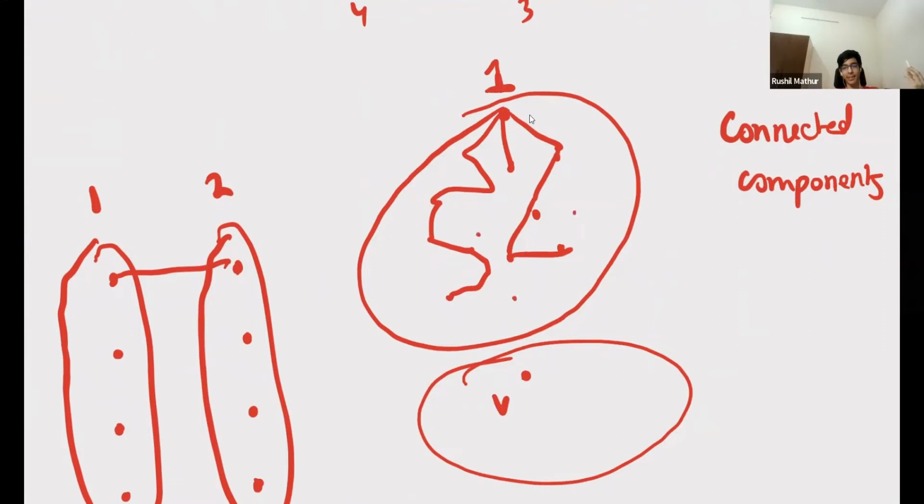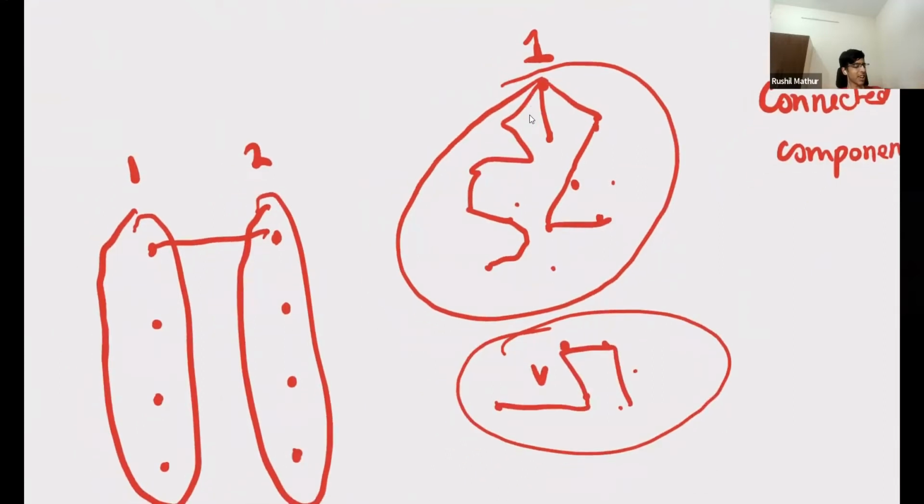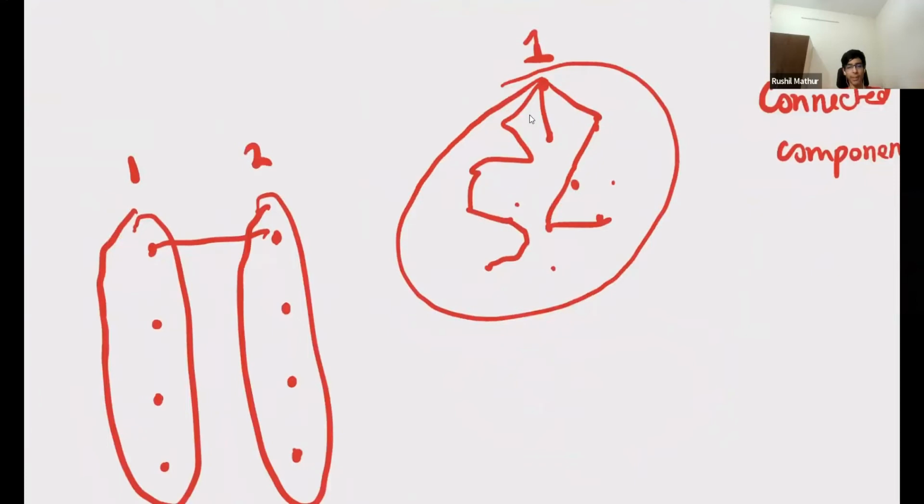Because otherwise I would be able to reach them from one, because one is connected to those points. So there could be other points here, and this could form its own connected component. So the basic idea is that you can solve the question independently for each connected component and then join them up. Joining them up will not make any issue because those different things are really independent of each other.